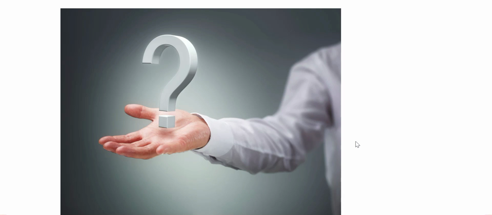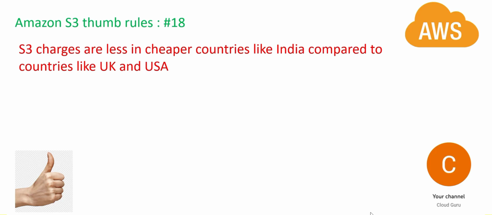Won't the cost of hosting be less in India compared to the USA? Logically, the cloud data centers hosting that will cost less in India, and hence the S3 charges are also less in cheaper countries like India or within Africa compared to UK, US, etc.